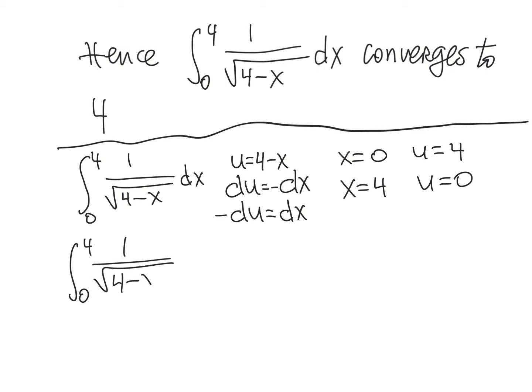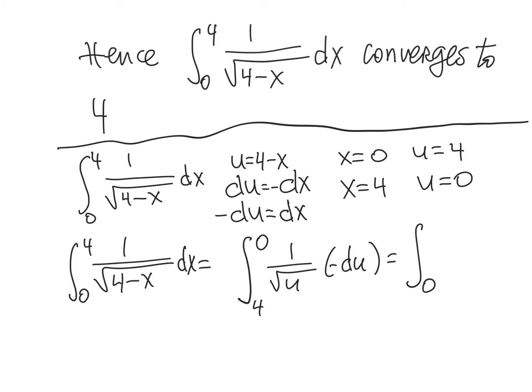The integral from 0 to 4 of 1 over square root of 4 minus x dx is the same as the integral from 4 to 0 of 1 over square root of u times negative du. We can exchange the negative with flipping the order of integration. So this will be the integral from 0 to 4 of 1 over square root of u du. Here we have the u interval from 0 to 4.